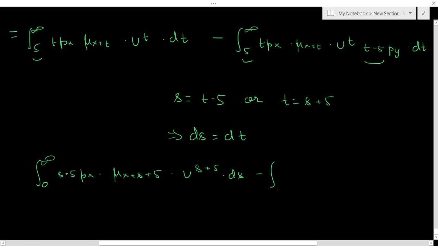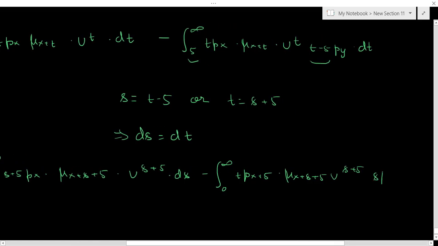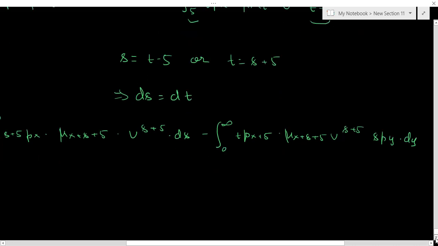Minus, going from 0 to infinity now, tpx would become s plus 5 px, mu x plus s plus 5, v to the power of s plus 5, and this becomes s py ds, right? So this is almost solved now.